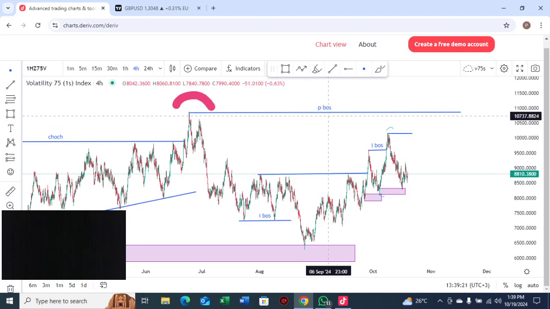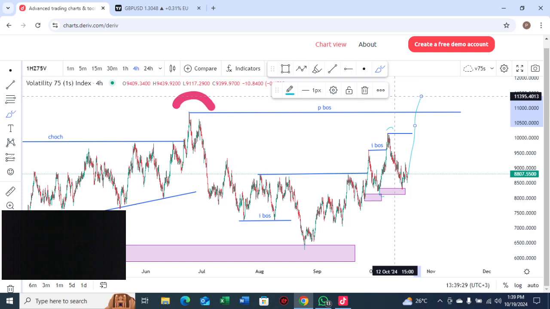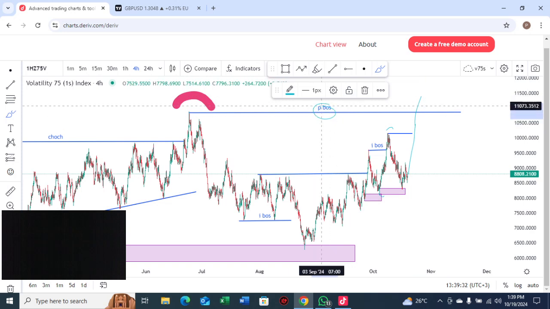Our target is to take out this main high. So if we can get a buy, we will have this break of structure. But remember, our aim is to take out this possible break of structure. What the market is doing is just trying to form internal structure.